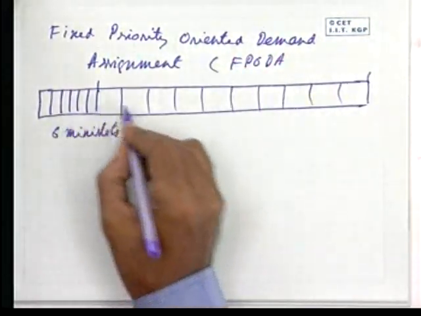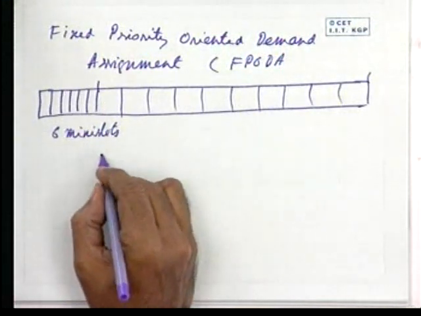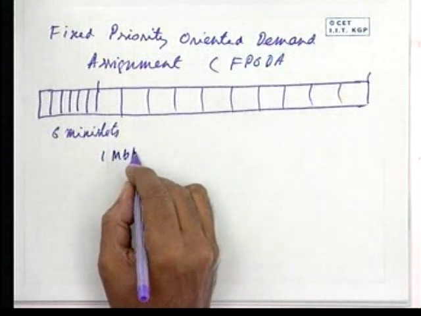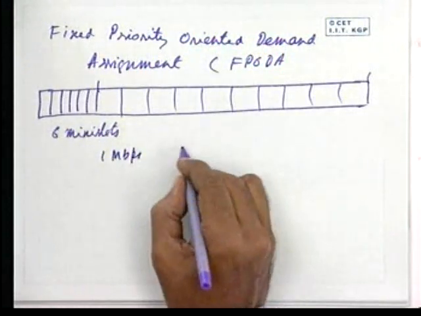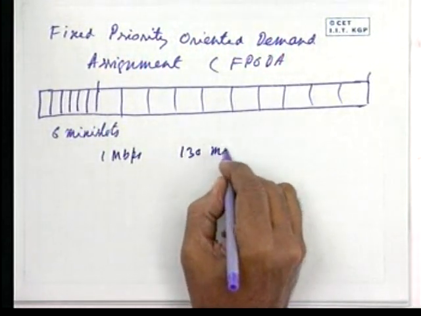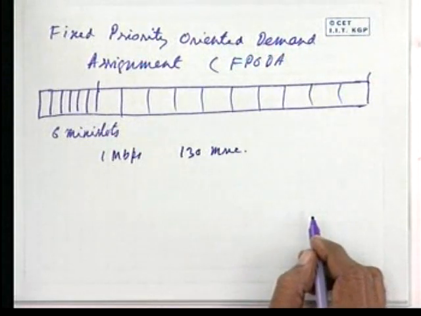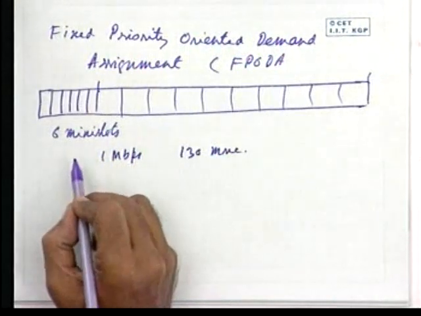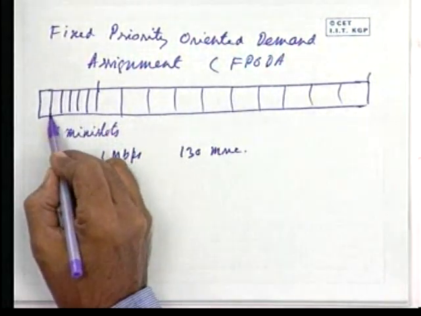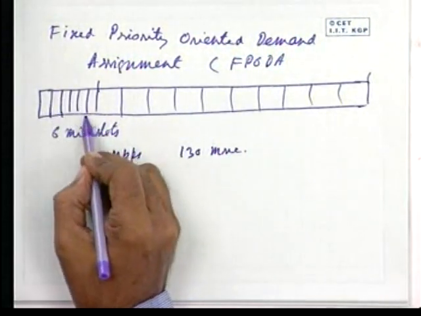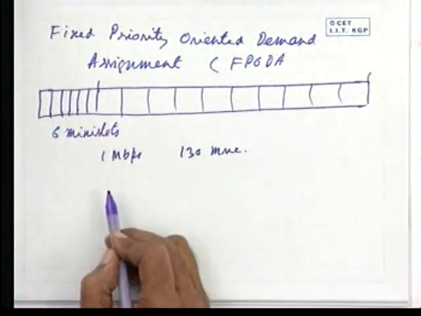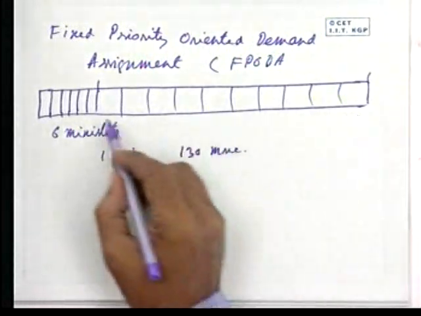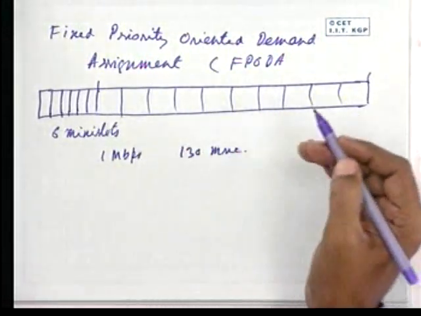Now, each local area network can send at the rate of 1 megabits per second, and the frame length is 130 millisecond. And one of the ground stations monitors these 6 mini slots and does the reservation for the remaining stations. And this is how the communication goes on.